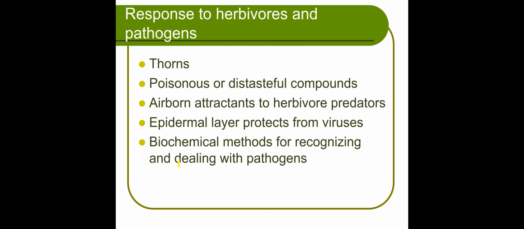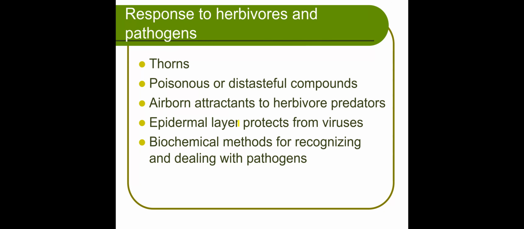And then plants actually are very, very, very interesting when it comes to things like pathogens. Just like we have a very complex immune system, plants do too. We're not really going to go into details, but they have these biochemical ways that they can recognize and deal with pathogens. Just like we have white blood cells that kind of go in and attack, they also have these different methods for attacking pathogens.